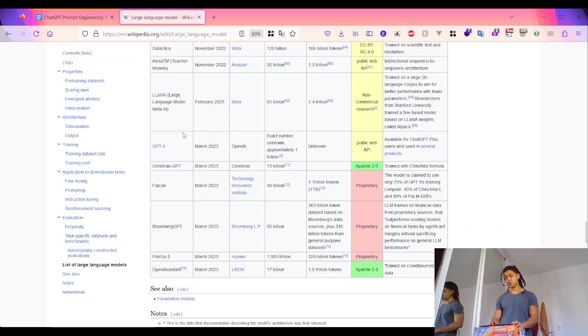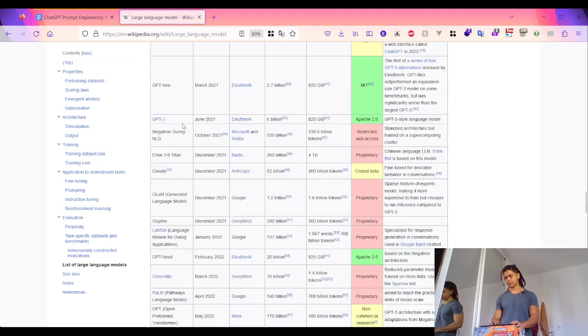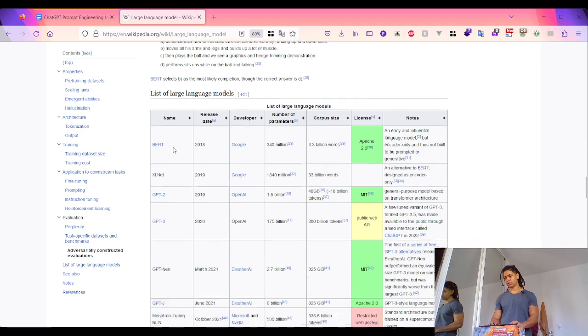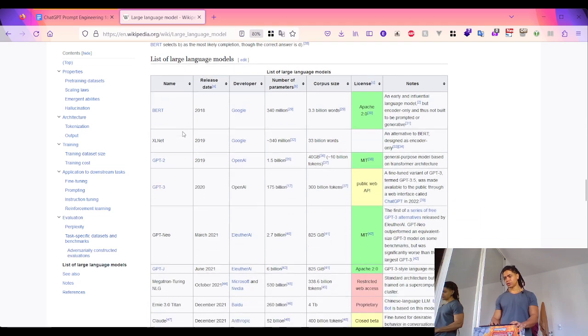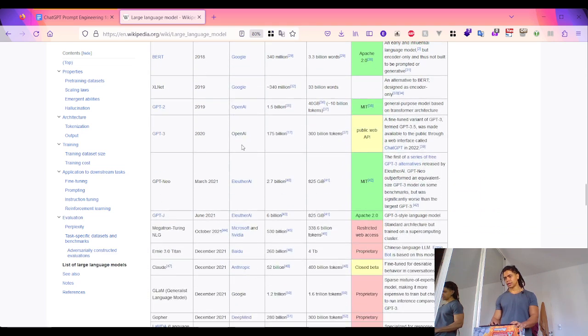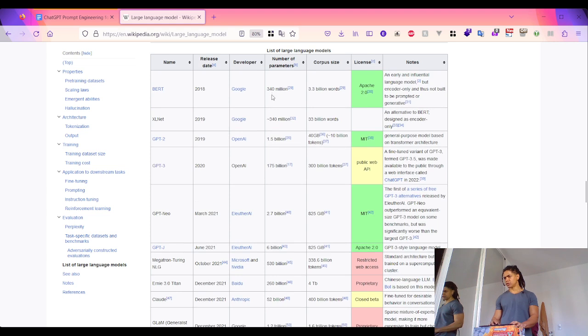Number of parameters: 340 million. Corpus size: 3.3 billion words. An early and influential language model, but encoder-only and not built to be prompted or generative.